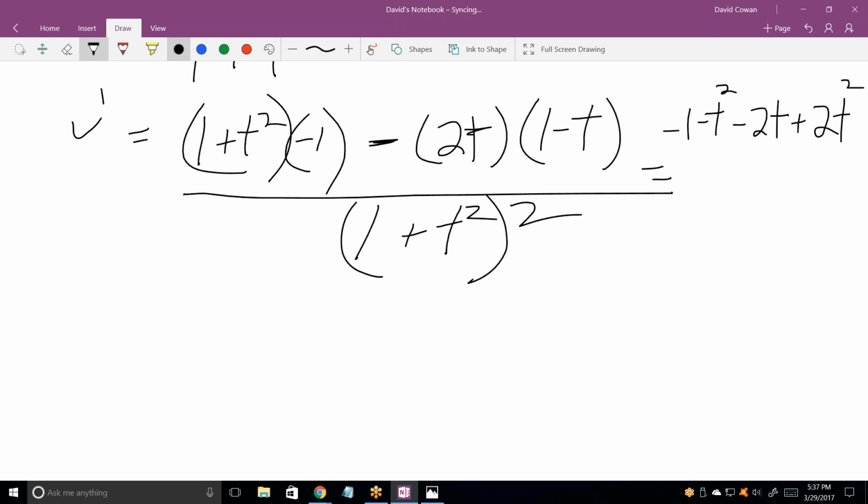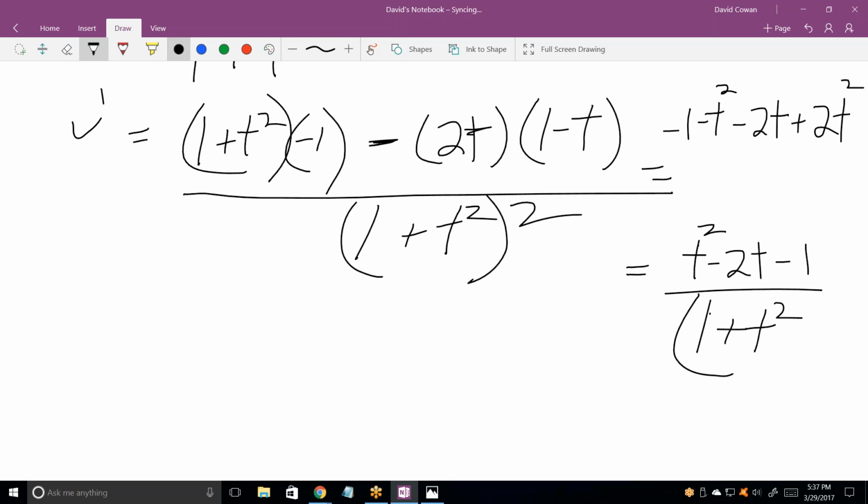Did I do that right? Yes. And that simplifies to, I got a minus t squared and a plus 2t squared, so I got t squared minus 2t minus 1, all over 1 plus t squared squared.